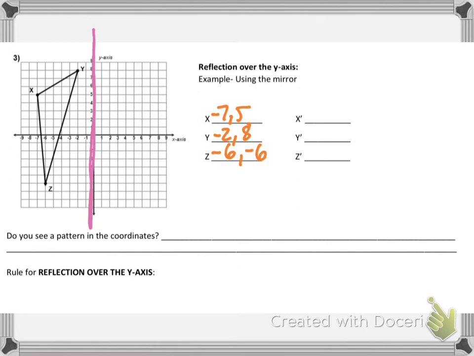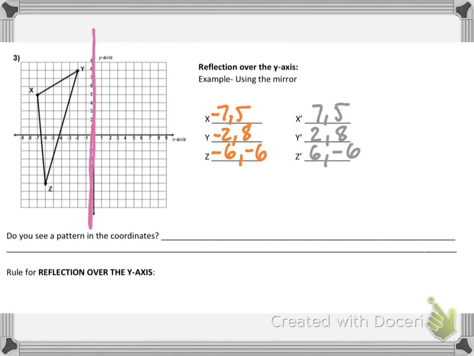Alright, you've tried drawing it on your own. Let's see if we can do it ourselves. The new X coordinate should be at 7, 5. The new Y coordinate will be at 2, 8. And the final new Z coordinate will be at 6, -6.